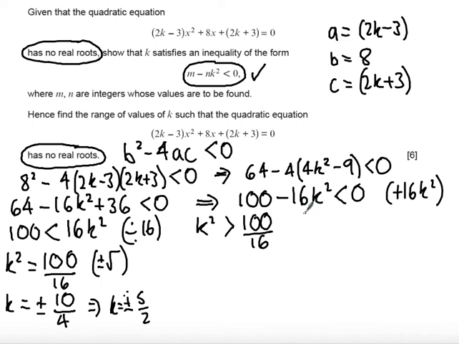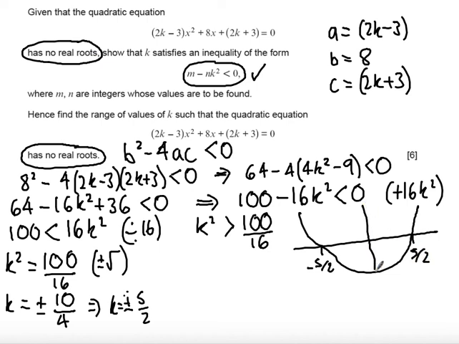If I was to sketch that quadratic, it's a positive quadratic. It's not a great sketch. What I know is that we have a root here, minus 5 over 2, and a root here, which is 5 over 2. The y-axis would be in the middle. I'm looking for when k² is greater than this value.